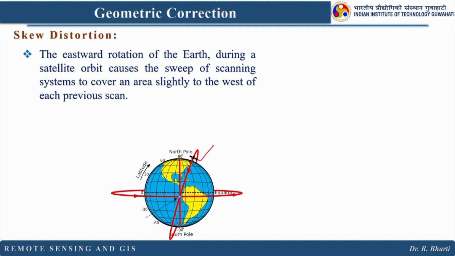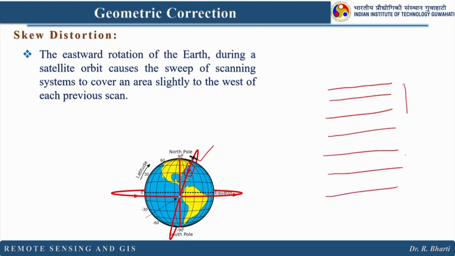This satellite is capturing this particular area, and how is it generating the image? Line wise, this is a push broom sensor. First one, second, third, so slowly it is moving in this direction.